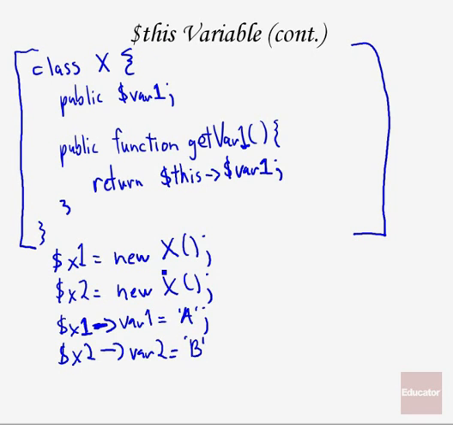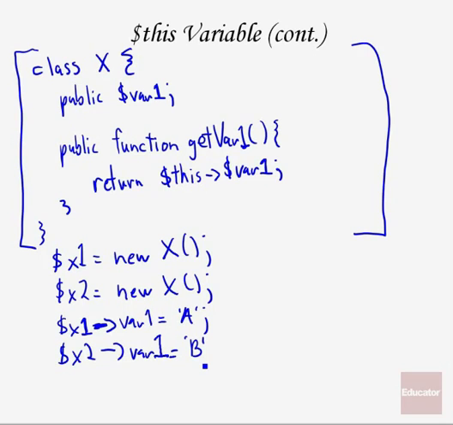So we're creating a whole copy of the var1 property, and we can set its value to A. Now when we create this x2 variable, another instance of class X, we're creating another whole copy of that class, which includes its own version of var1. So when we set x2's var1 equal to B, x2's var1 property is completely separate from x1's var1 property.